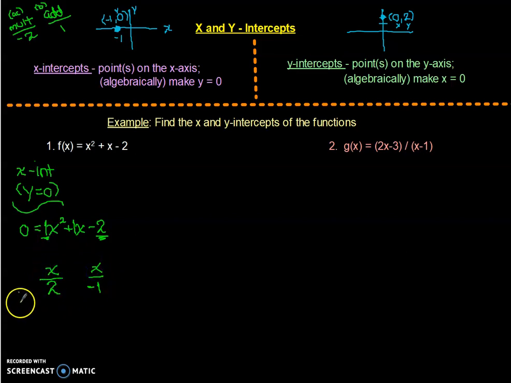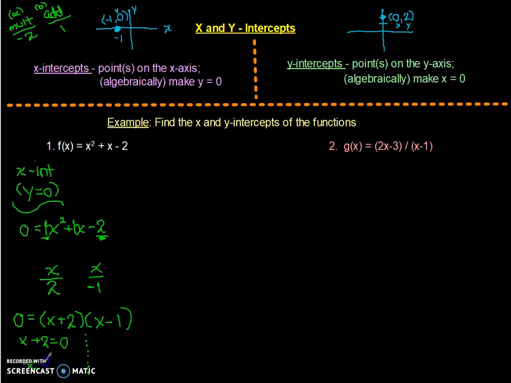And then we have, bring down the 0, equals, the first parentheses, x plus 2, and the second parentheses, which is x minus 1. So it's factored. The other side is 0. You can use the zero product property, meaning set each parentheses equal to 0.